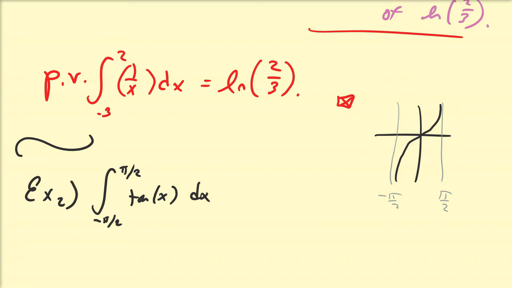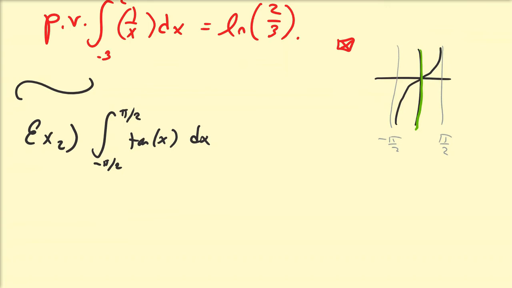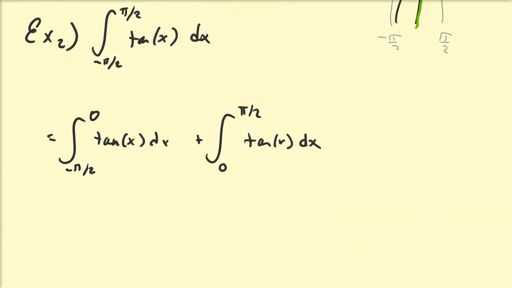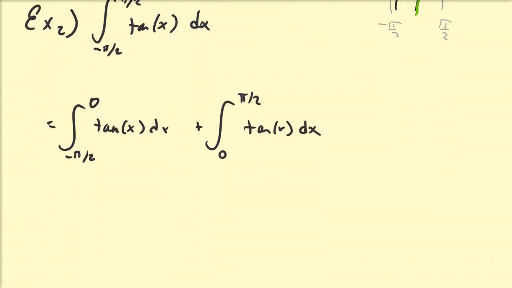If we split this integral up on two separate intervals, -pi over 2 to 0 and 0 to pi over 2, which we can do, we can rewrite this as the integral from -pi over 2 to 0 of tangent of x dx plus the integral from 0 to pi over 2 of tangent of x dx. What is the integral of tangent?